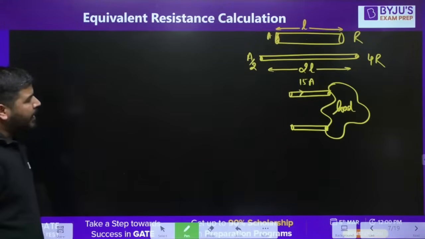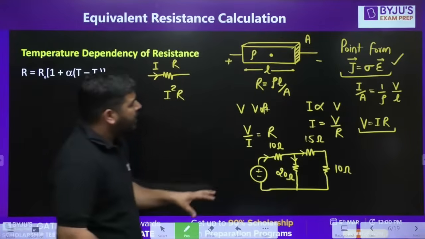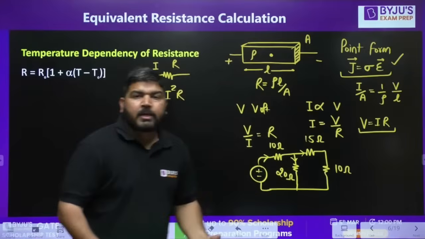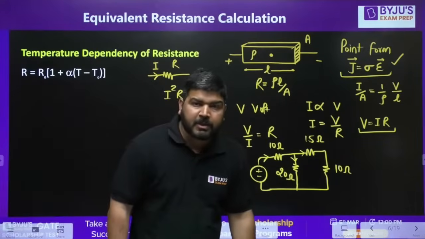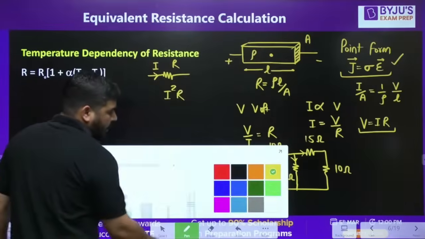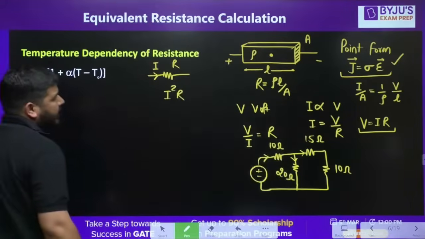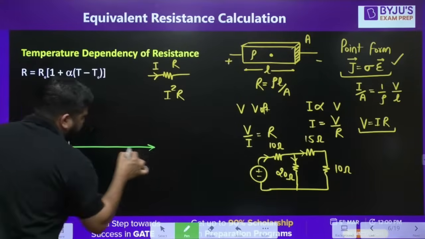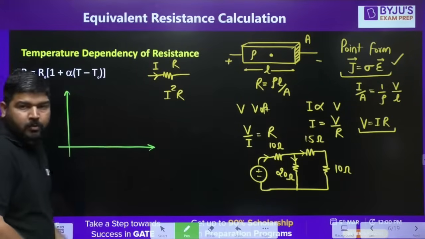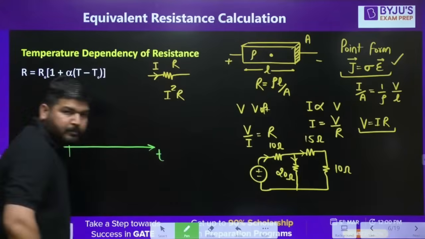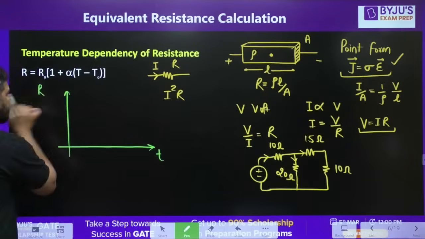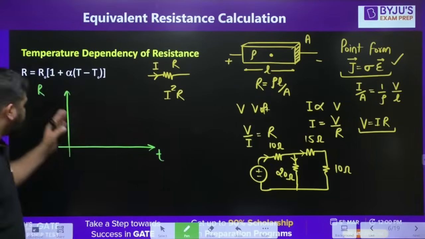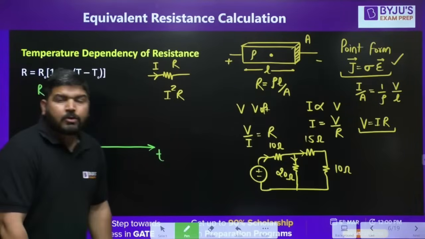Okay, let's come back to the original situation. Now I told you that the resistance is a strong function of temperature. Now the question is how the resistance will change with temperature. Let's discuss that. For any particular metal, let's say this is the temperature and this is the resistance, and I want to plot the variation of resistance with temperature.